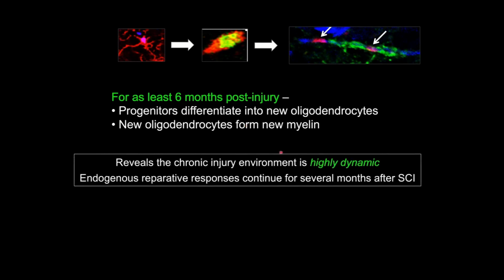So the injury site is highly dynamic, and we can now see that these endogenous reparative responses continue for several months after injury. I think this is exciting because it shows the tissue is still in a responsive state, that it might be responsive to manipulation to try to increase function even beyond what happens spontaneously.